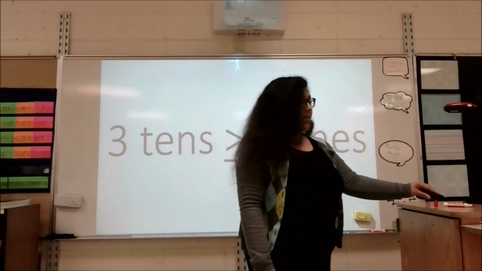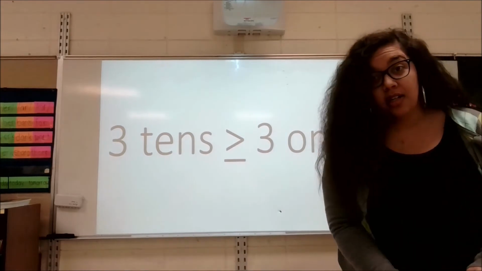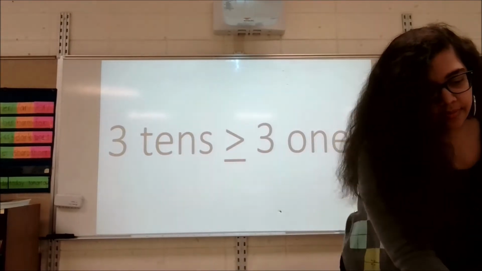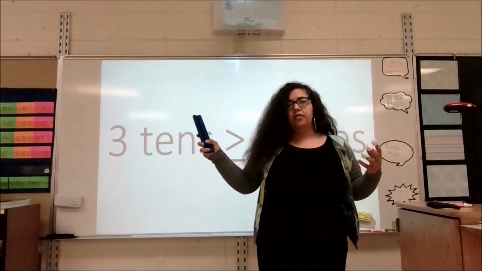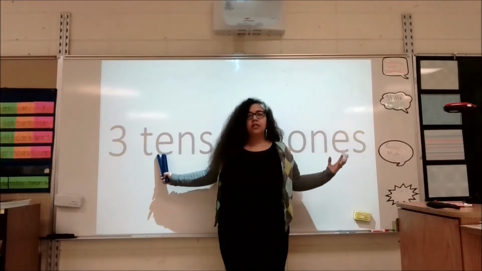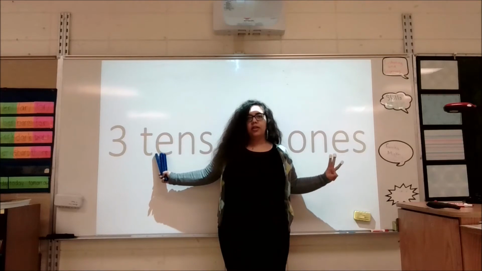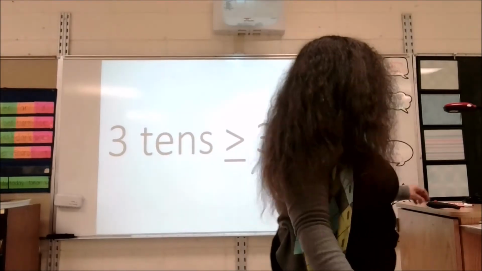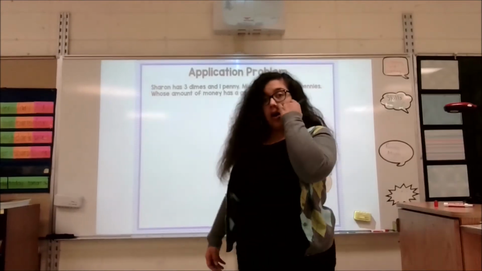Greater than. 3 tens is greater than 3 ones. We talked about this actually the last time we met. See, we said 3 tens is greater than 3 ones. Good job. All right, so let's go ahead and get into our lesson for the day.